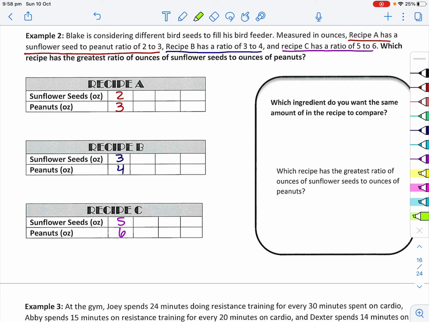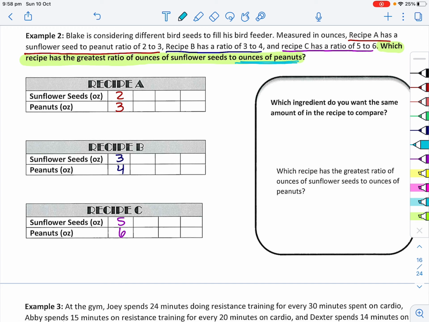Then it says, which recipe has the greatest ratio of ounces of sunflower seeds to ounces of peanuts? That means, so here's my ounces of peanuts, that's the thing that comes second. If ounces of peanuts is the same, which recipe gives me the most sunflower seeds?